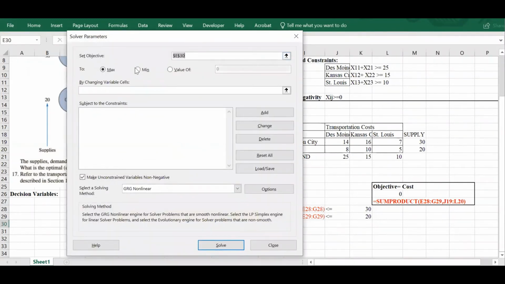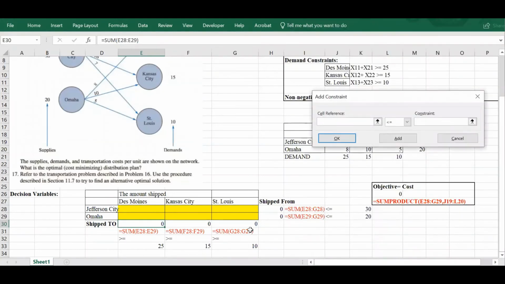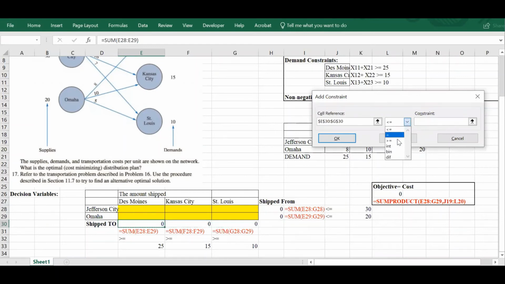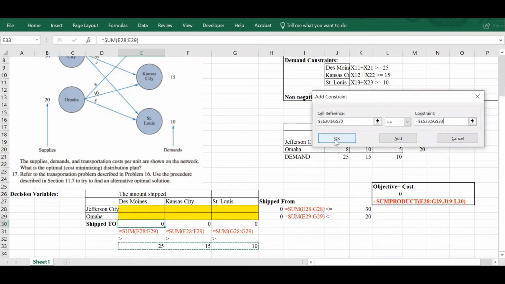We want to minimize, make sure to check minimize the objective function, the total cost, by changing these 6 variables subject to the total amount shipped from each supplier less than or equal to the maximum amount available, the total amount shipped to each customer greater than or equal to the amount that they requested, okay?